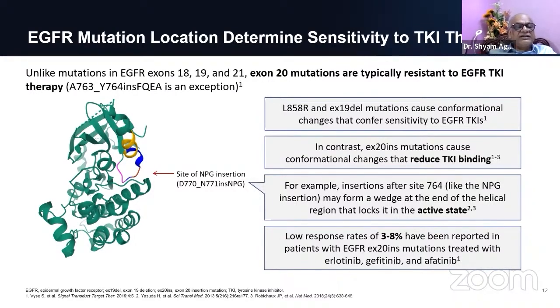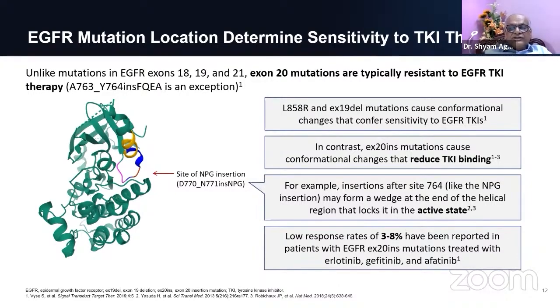Exception is there, which I think Sunil also mentioned, A763_Y764. So one needs to look at the report more carefully, that if you have this particular insertion, then this could be responsive to a TKI. The other insertions are not responsive to TKIs. They reduce the TKI binding, except for the one mentioned here.